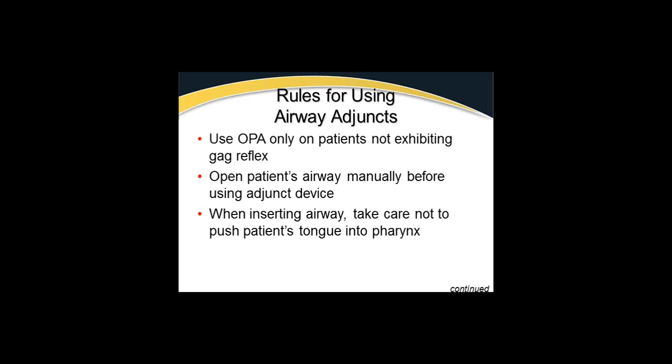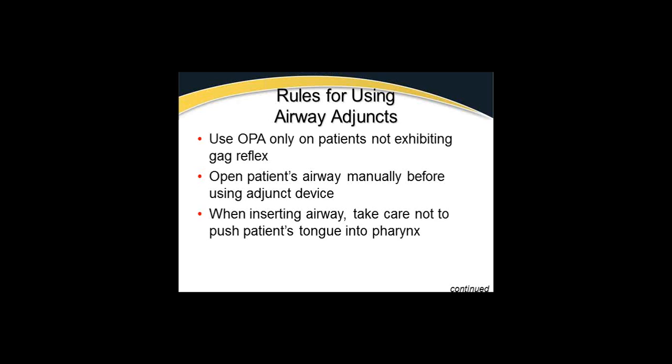When we're using airway adjuncts, there are certain things that we have to remember. They're not one size fits all. They are not always appropriate in one case and never appropriate in another. There are a few times in which orals have advantages over nasals and nasals have advantages over orals.